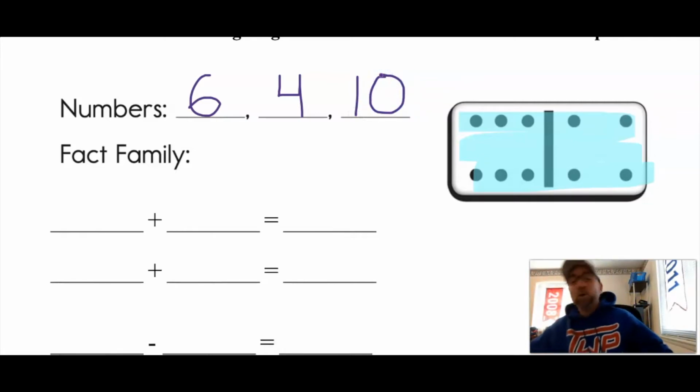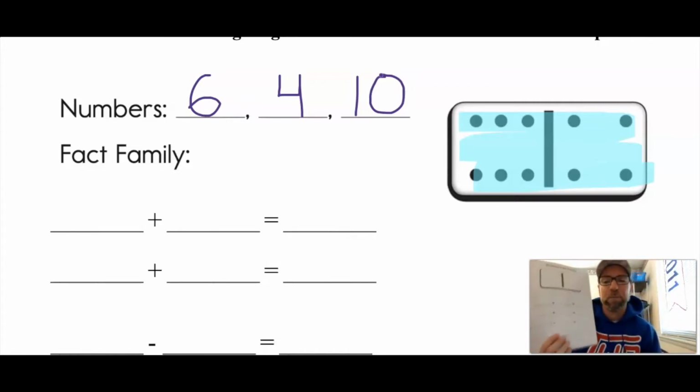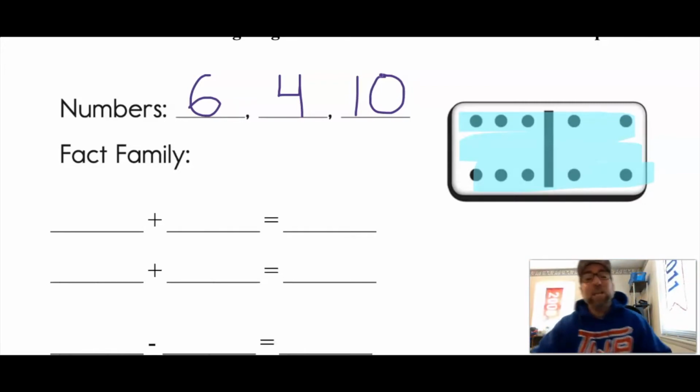Now, on your sheet protector, you're going to notice that there's 2 addition problems. We can use these 3 numbers and create an addition problem. I can think of my part, part, total.